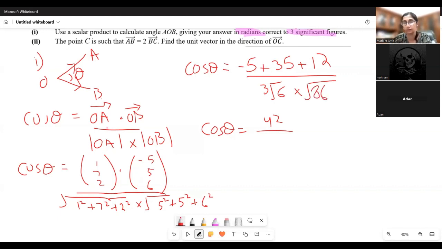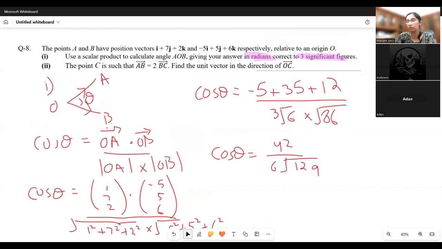Times 3 under root 6 gives 6 square root 129. Let me check the answer.